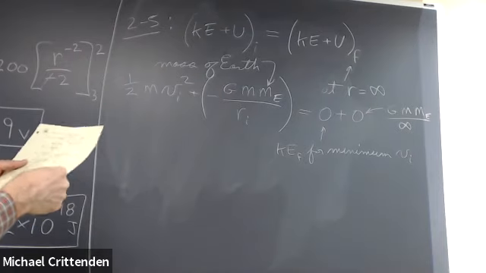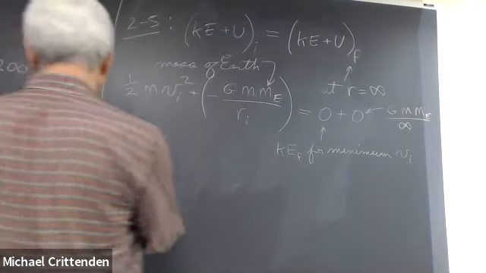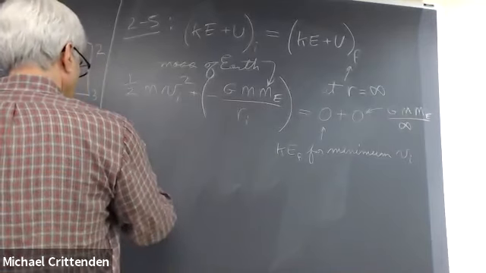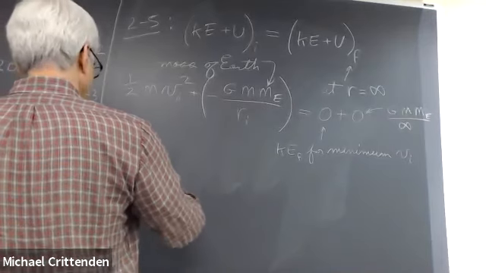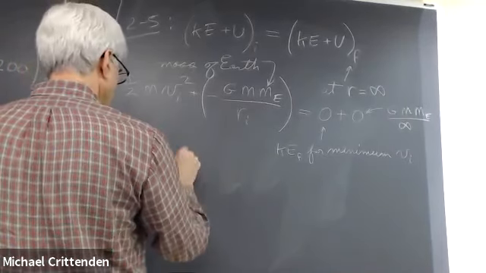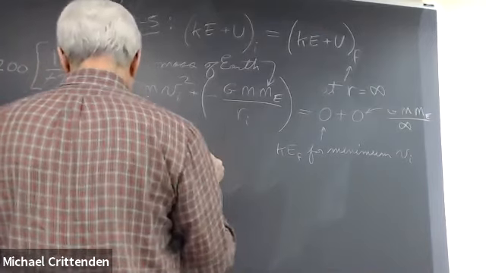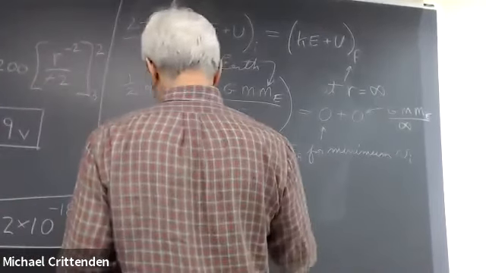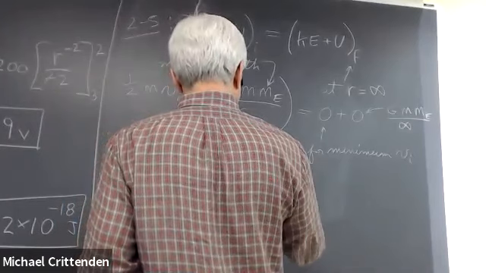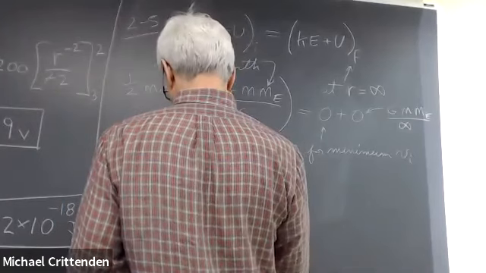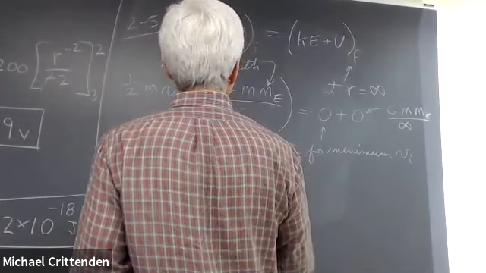Maybe I'll write it down before I cancel anything more out. 1/2 times the mass times V initial squared equals G times the mass of the projectile, mass of the Earth, over radius.